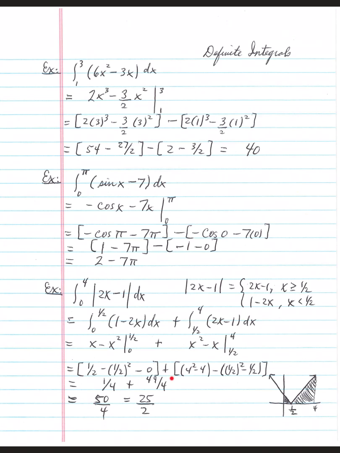That's 49/4. Added together is 50 over 4, which reduces to 25 over 2. And that's the total area from 0 to 4 for the absolute value of 2x minus 1.